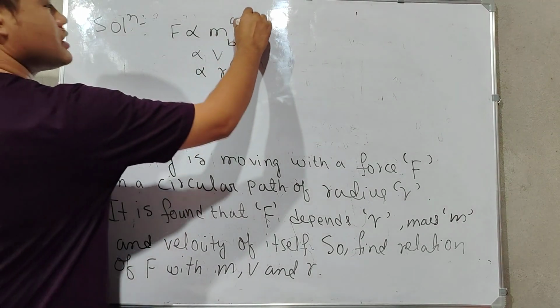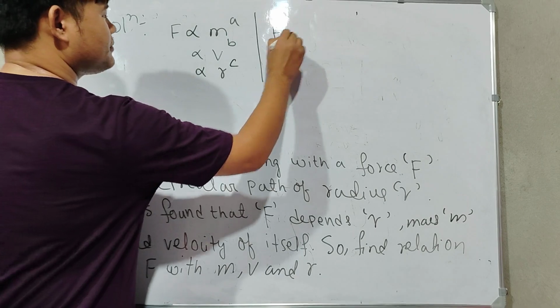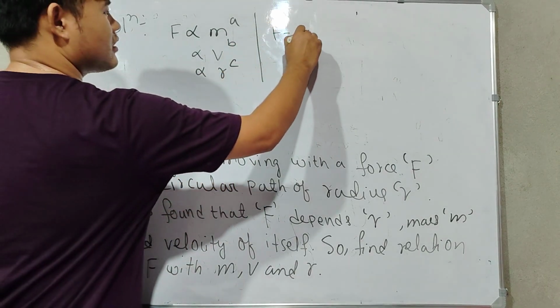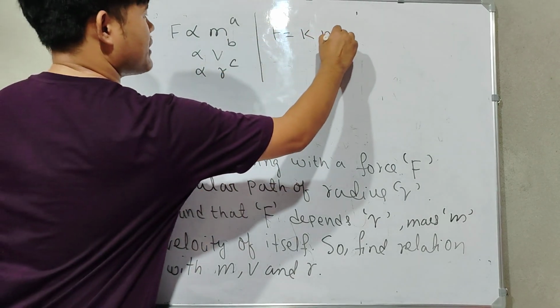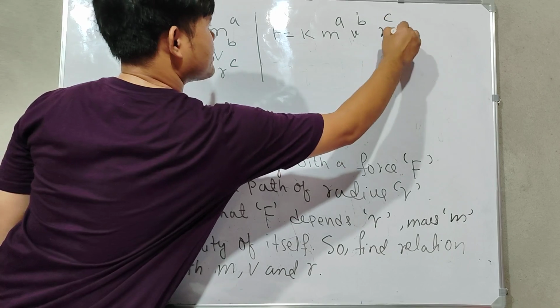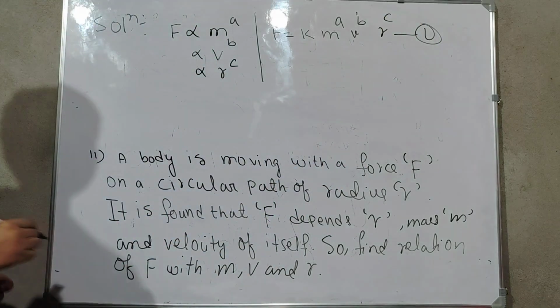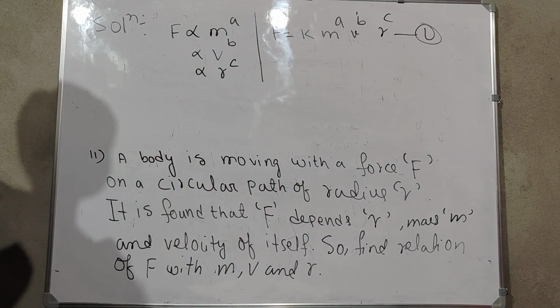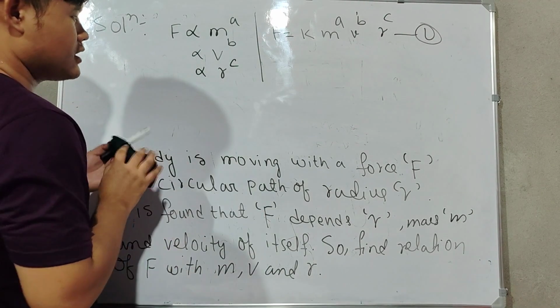Now to remove the proportionality, F is equal to k, and then we have m^a v^b r^c. You put this as equation 1.